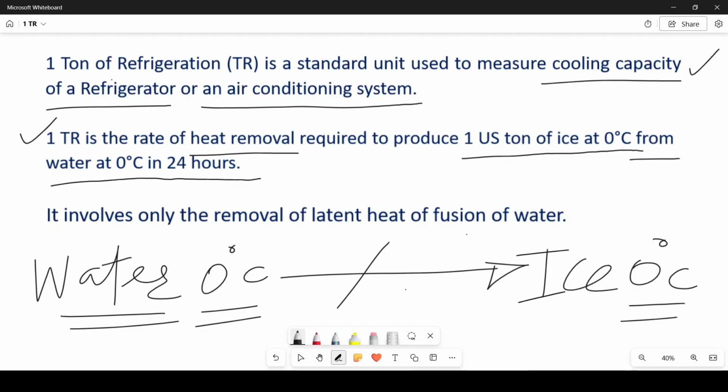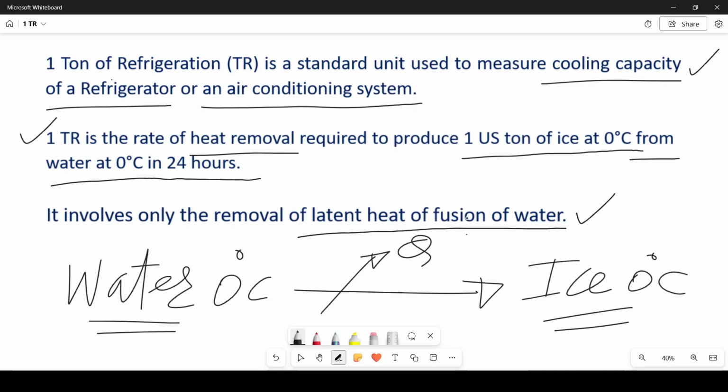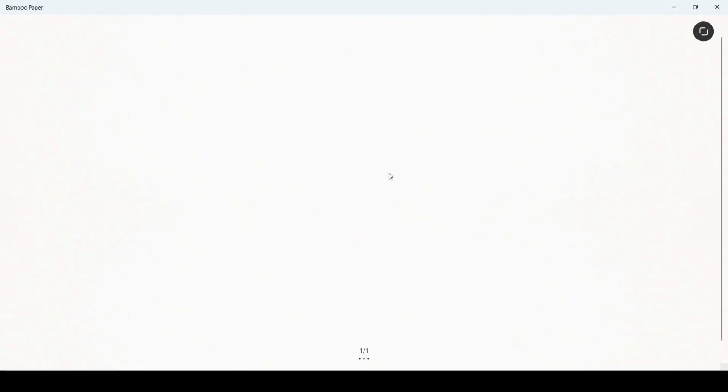So whatever heat removal is taking place here, it is a latent heat. So this process of phase change from water to ice involves only the removal of latent heat of fusion of water. And also the time duration for this phase change from water to ice is 24 hours.